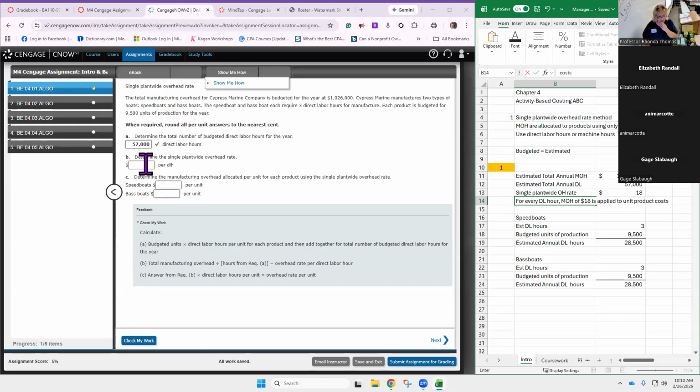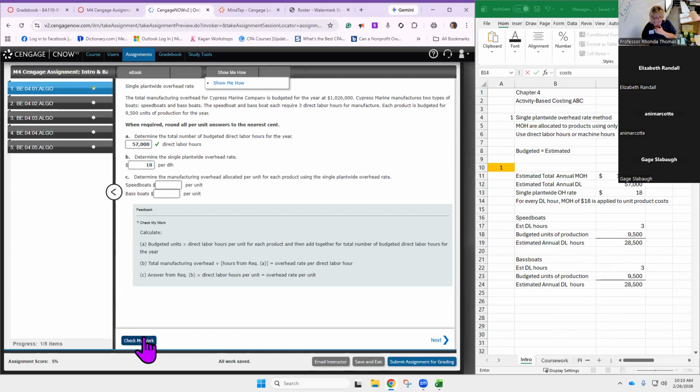Let's put that $18 here. Now, what is DLH? DLH is $18 per direct labor hour. They use DLH for direct labor hour, so you need to make sure that you're aware of that.